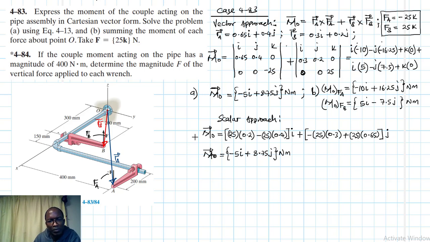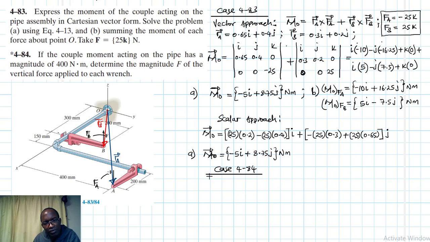Okay, so this is again our A. It's the same. Alright. So let's go to the second case, which is case 4-84. Right, what are we being asked here?